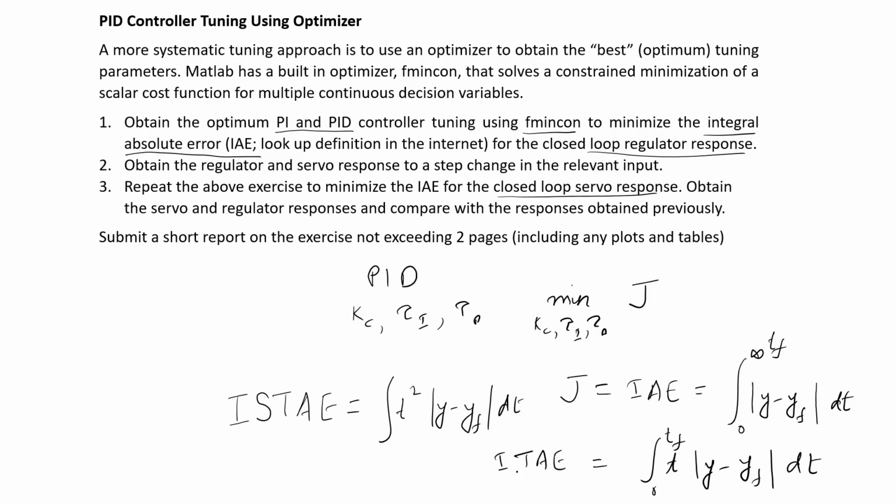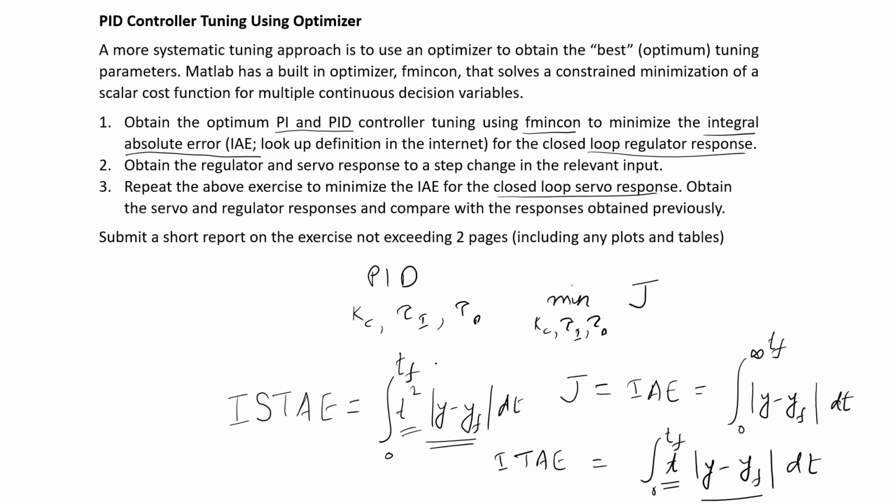So you can see ITAE is penalizing deviations after a long time more because you're multiplying by t. T square is more severely penalizing deviations as time progresses. So if initially y is away from y final, that is not penalized as much, but if y is away from y final at long times, that is penalized much.